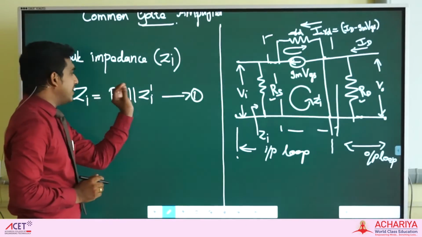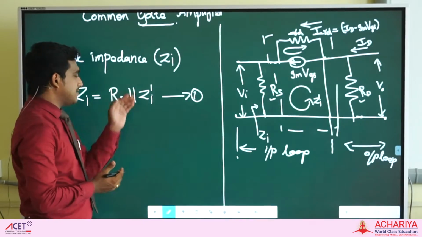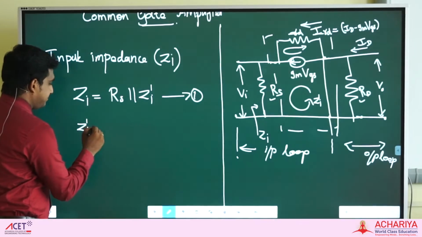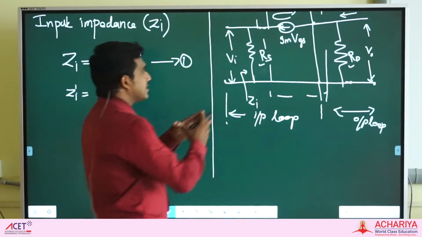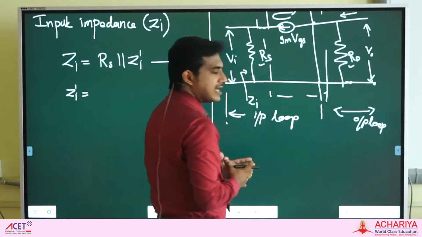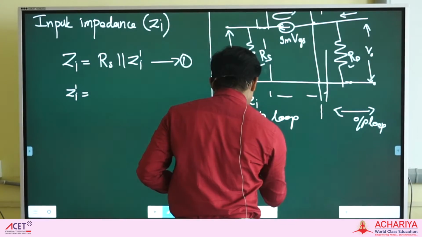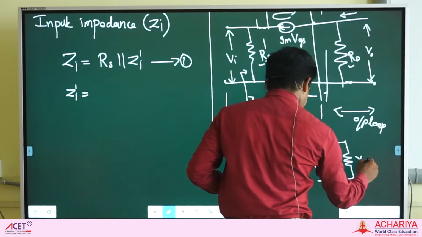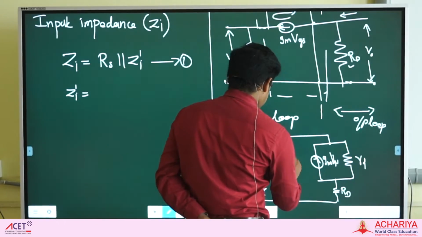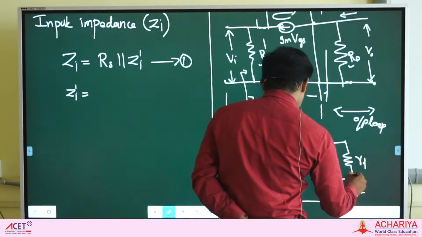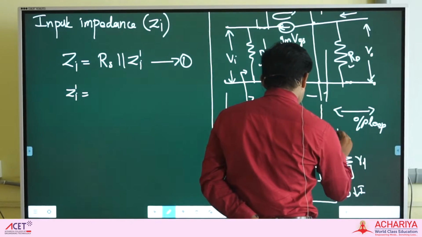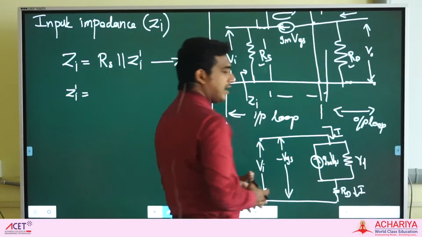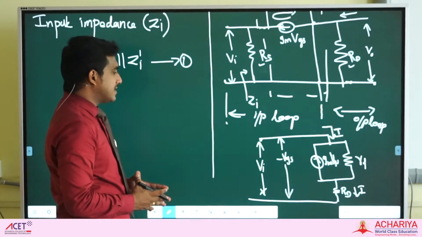Now we are going to find Zi dash alone, and we can substitute it in this equation. To find Zi dash, we redraw the Zi dash part, this part alone. We have drawn this part alone for analysis purposes.